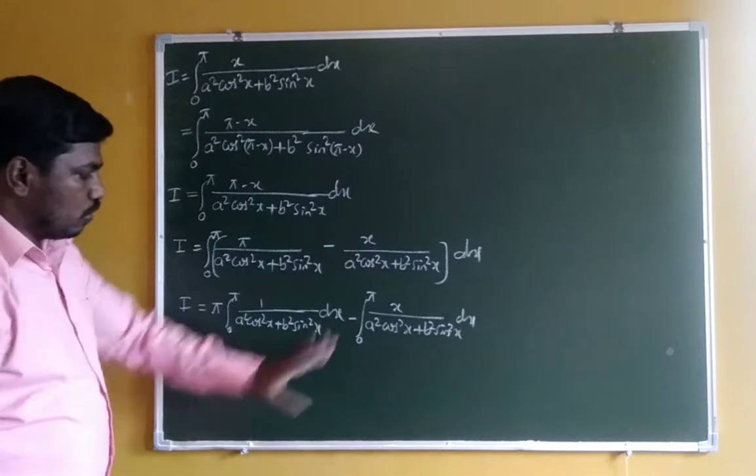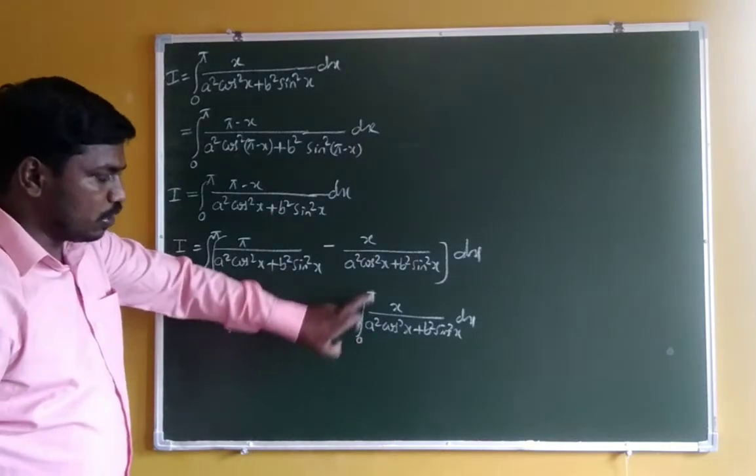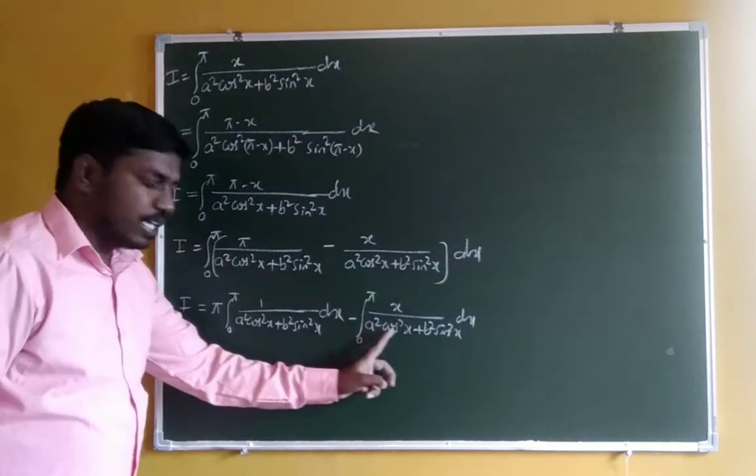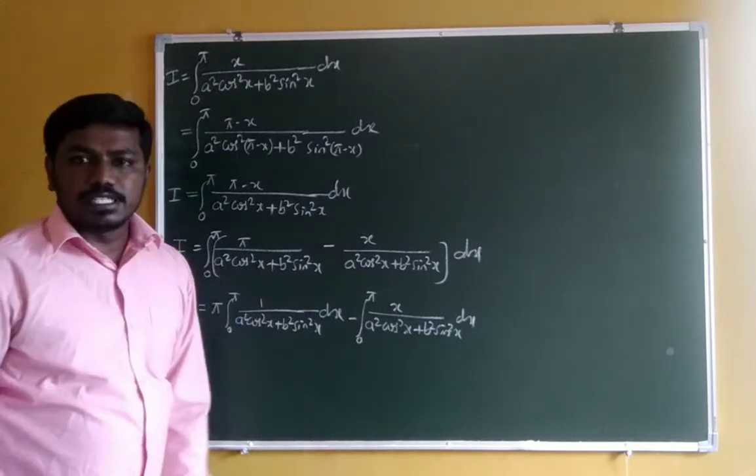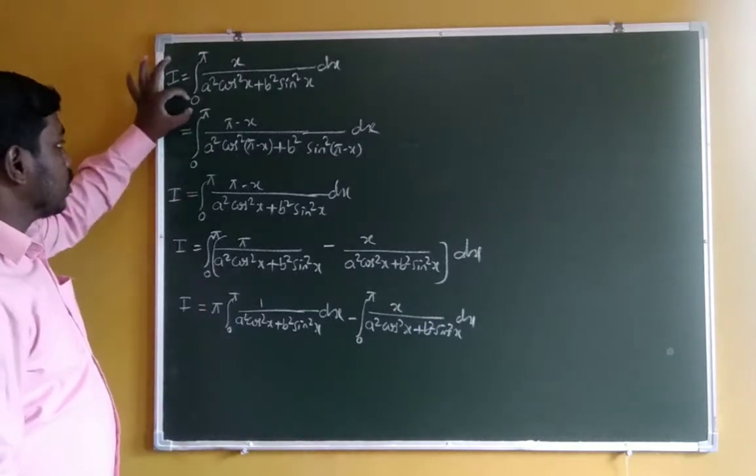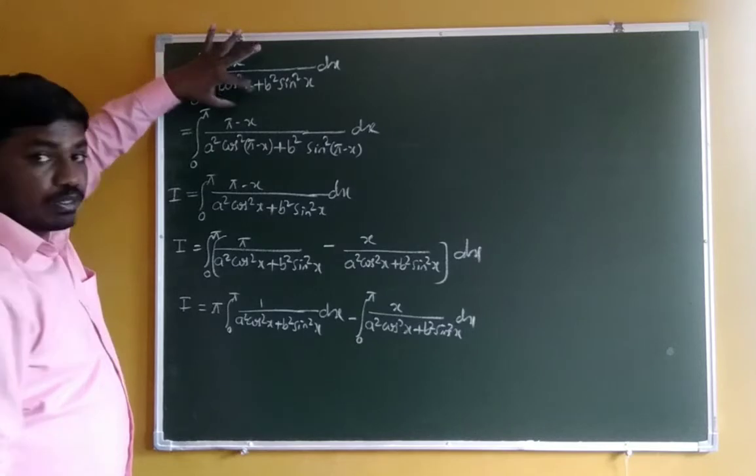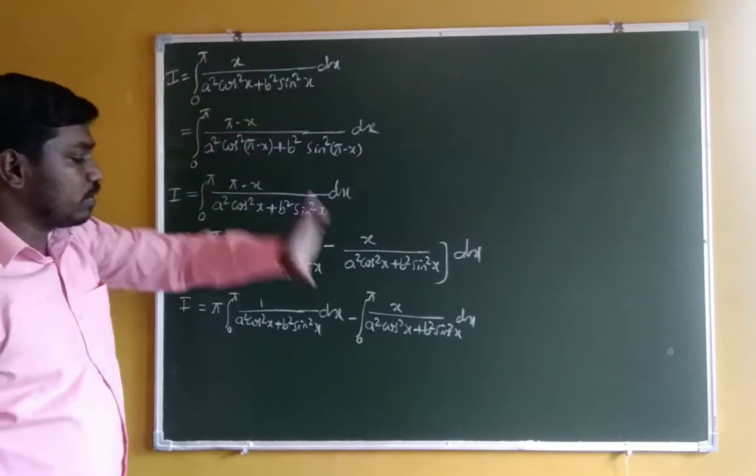See, let the minus be there and observe this: integration from 0 to pi of x divided by a square cos square x plus b square sin square x into dx is what?